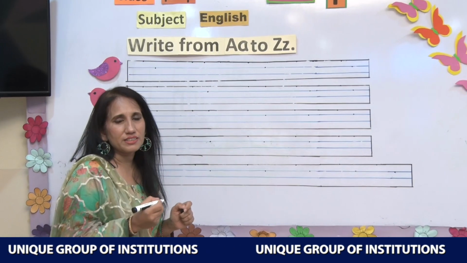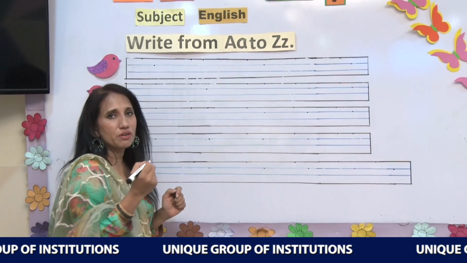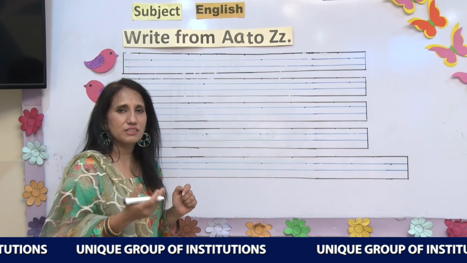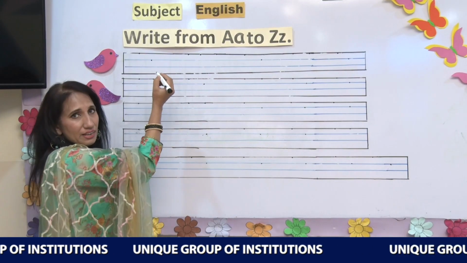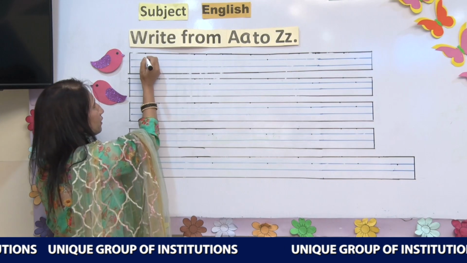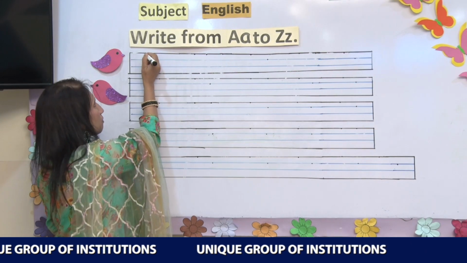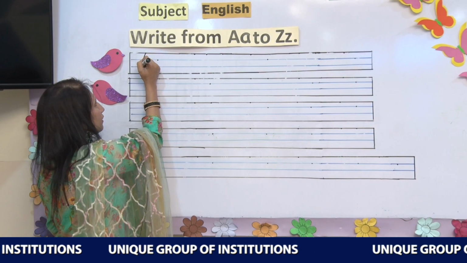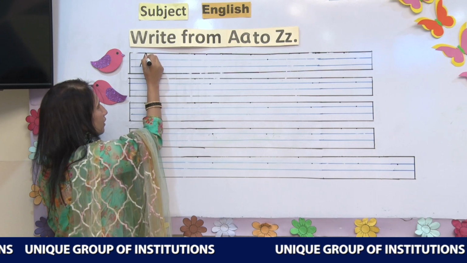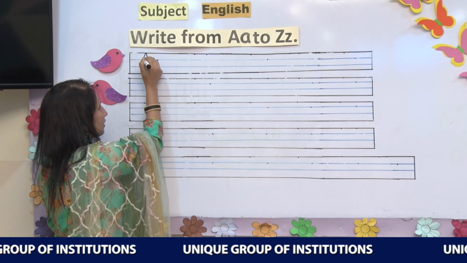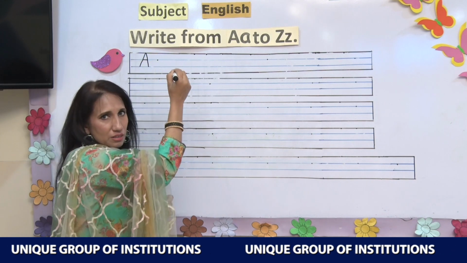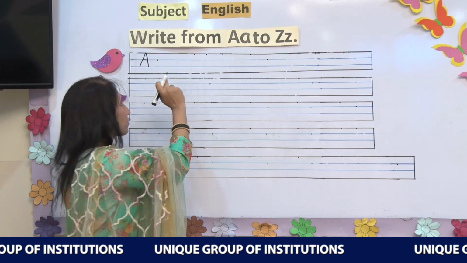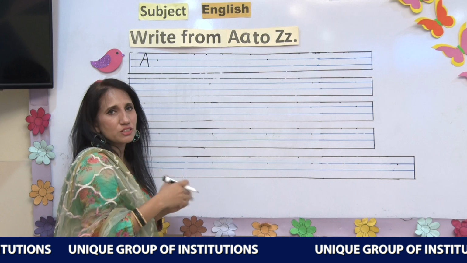Our first letter is letter A. We will write in capital and in small both. First of all, the letter A is going to start with the very first line. Make a slant line like this and another slant line like this and a sleepy line in the center of the A. So this is capital A. Then we are going to write the small a.